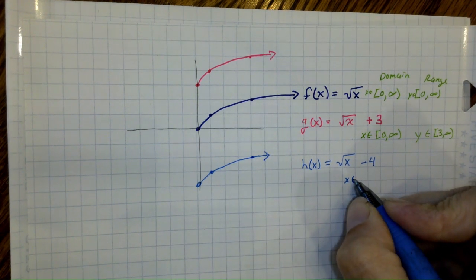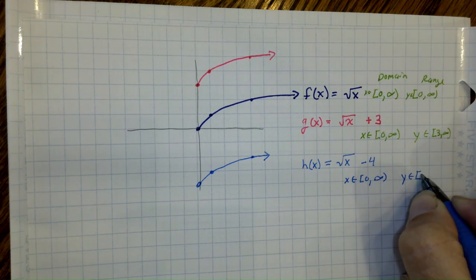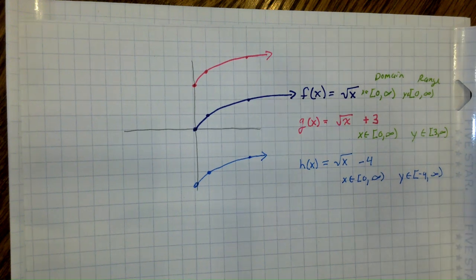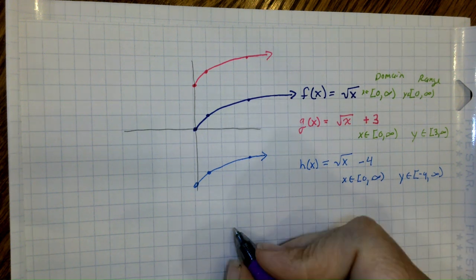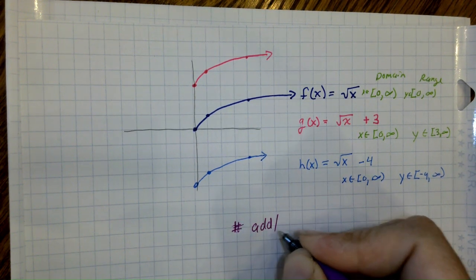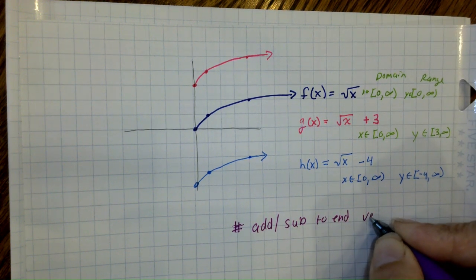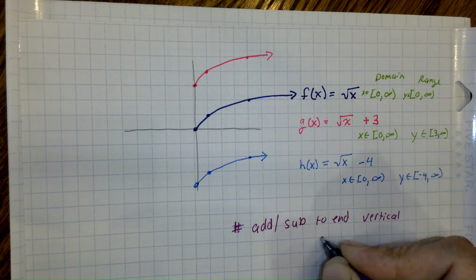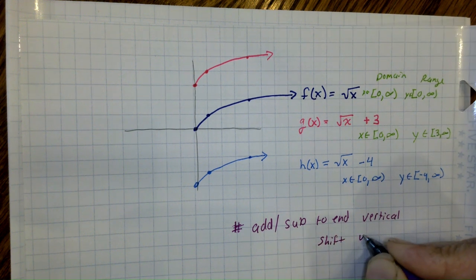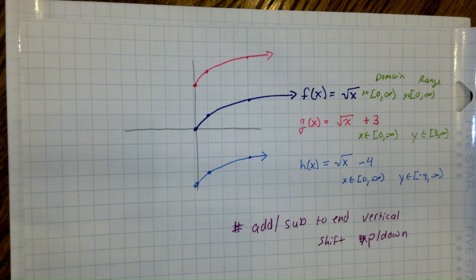So here our domain is 0 to infinity, but our range is now, we have a floor of negative 4, and it goes up from there. So when we had a number added or subtracted to the end, we had a vertical shift. Up or down.